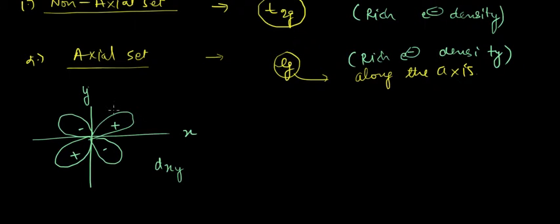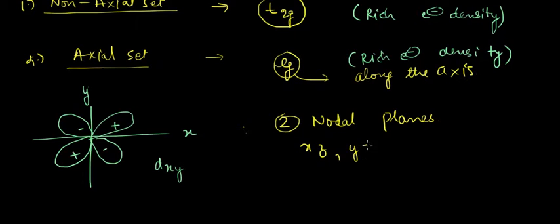So it has two nodal planes, and the planes are xz and yz. I hope you can imagine that both the planes would be orthogonal to the electron density which is in the xy plane.